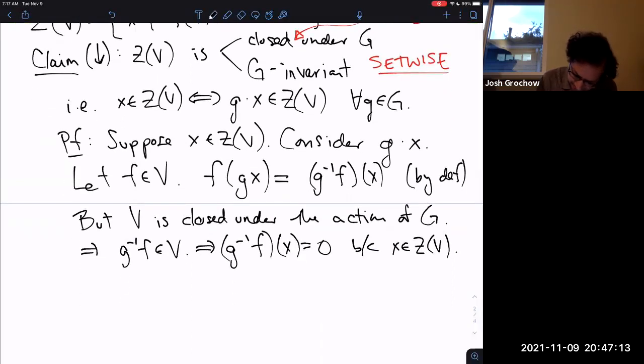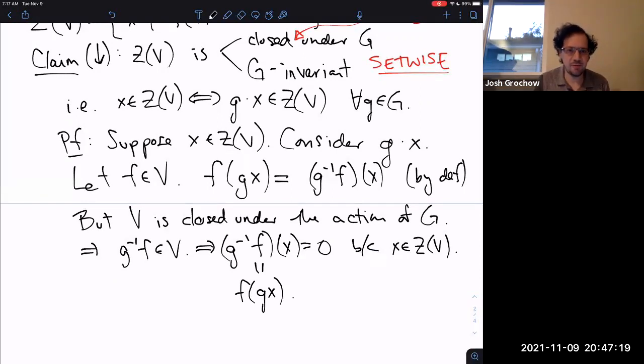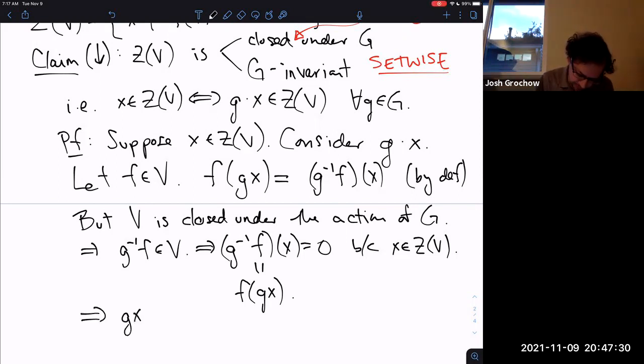Okay, but we just said that that was F of GX. Okay, so every F also vanishes at GX, and therefore GX is also in ZV. So that proves the claim in one direction.